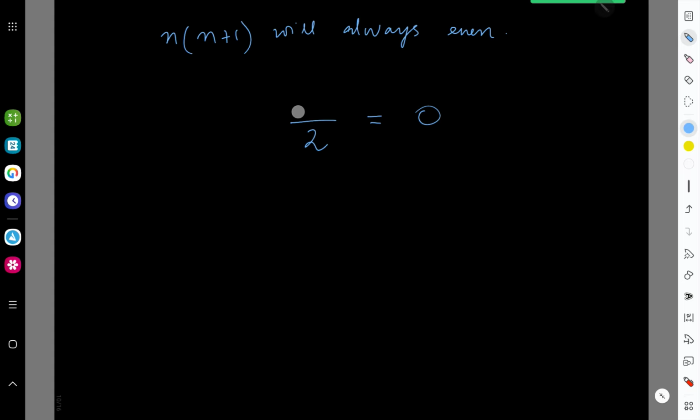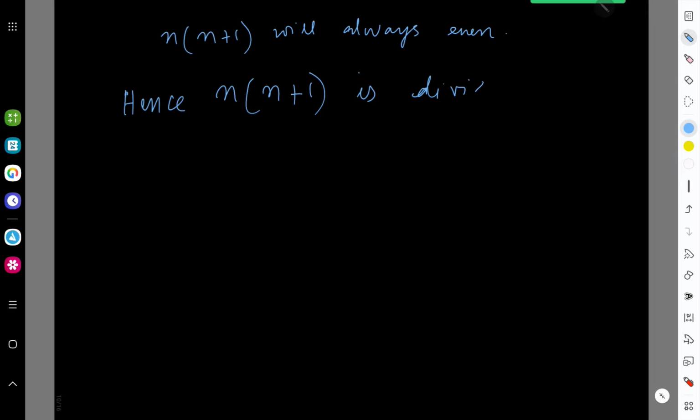So any even number is divisible by 2. Therefore, hence the product n times n plus 1 is divisible by 2.